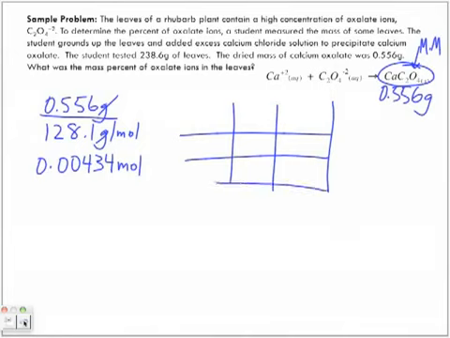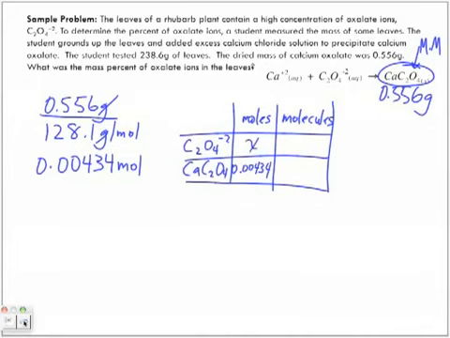So our unknown is the oxalate ion, C2O4 2-. Our given is the calcium oxalate. And we've calculated the number of moles. So we've got 0.00434 moles.